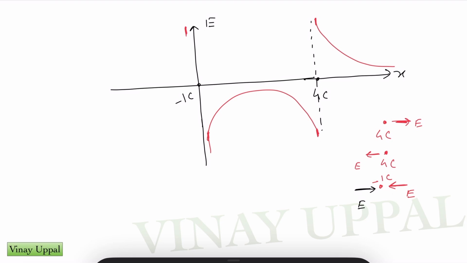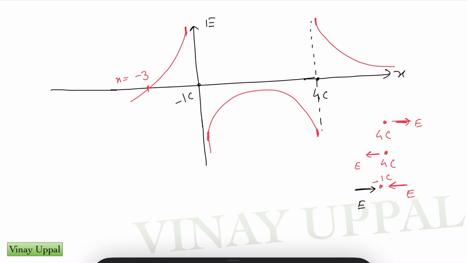Now, here we found out that the electric field is going to become 0 at -3, 0. So at -3, 0, x is equal to -3, the electric field is becoming 0, so the graph should cut the x-axis there. And ultimately at negative infinity, once again, you're very far away from both the charges, the electric field will again go to 0 because the electric field is proportional to 1 by r square.